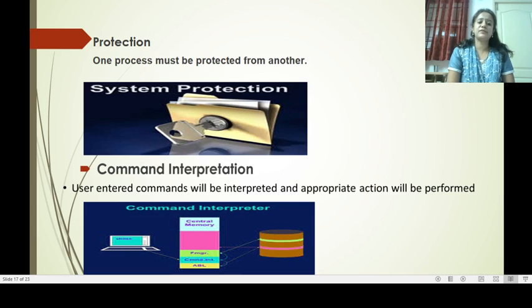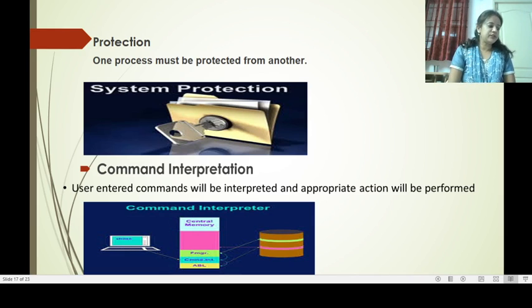Another example is Gmail accounts: each user is provided with a proper username and password, authentication is done, and he is given access to his Gmail account. Like that, protection plays a vital role for the computer system. Security is also very much a concern.